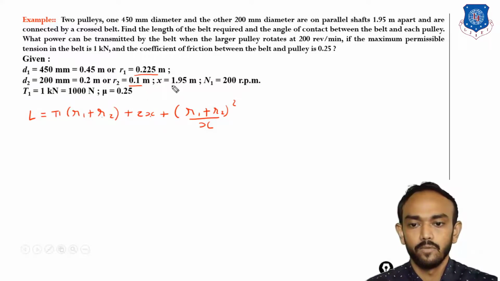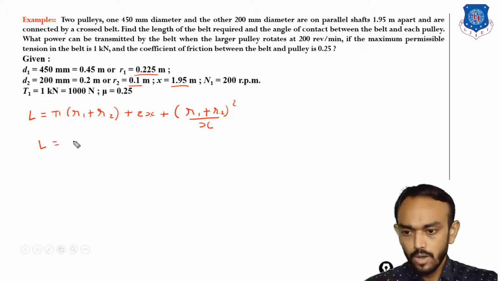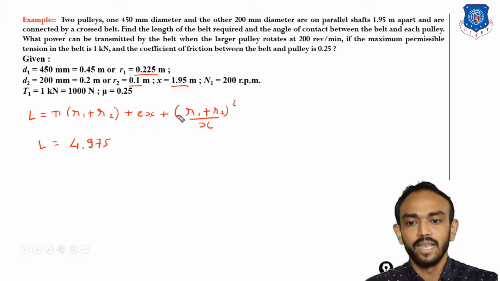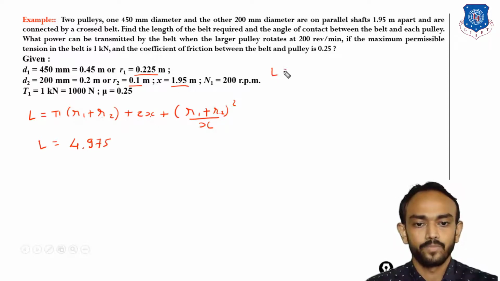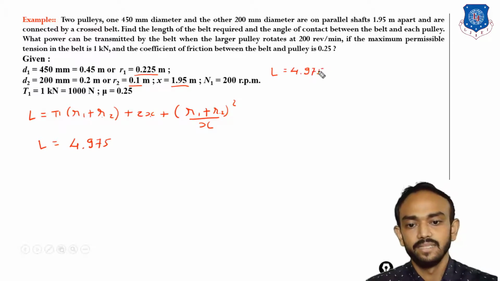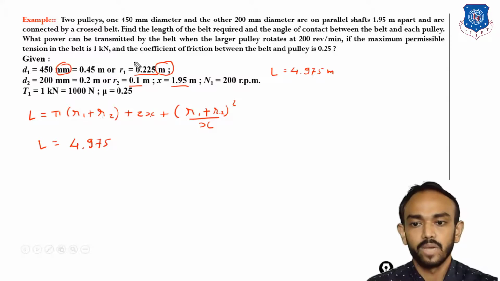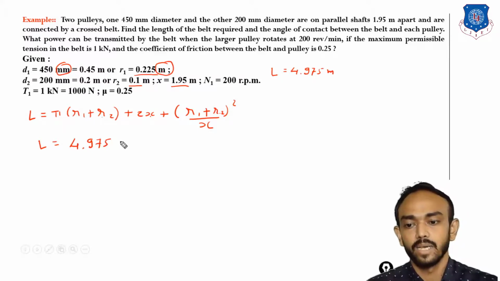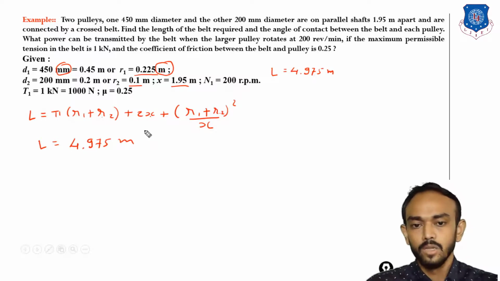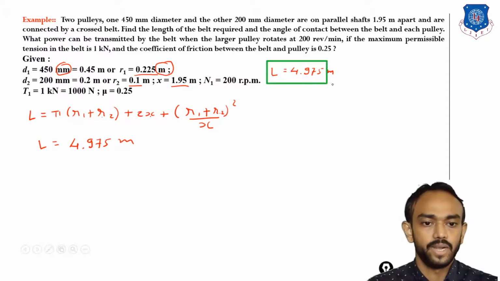You will put in these values of R1, R2 and X, and you will find the length L is equal to 4.975, and the answer will be in meters, because you have converted this into meters. First it was given in mm, but you have converted it into meters, so your answer will be in meters. Okay, so you have found the length here.